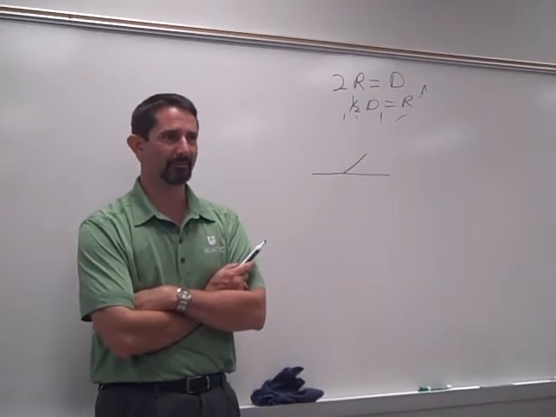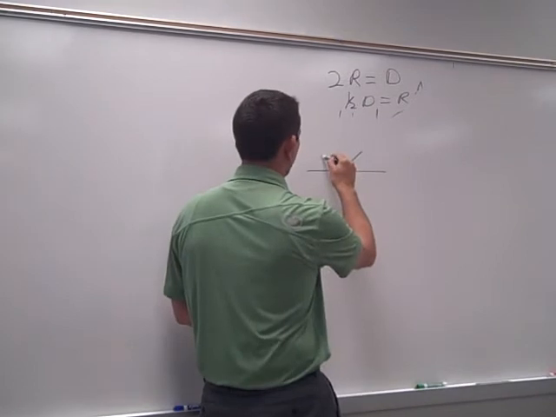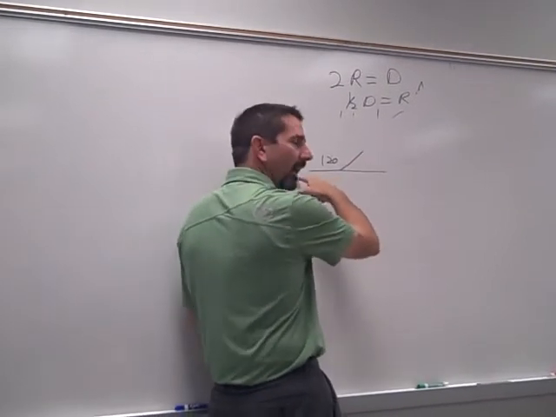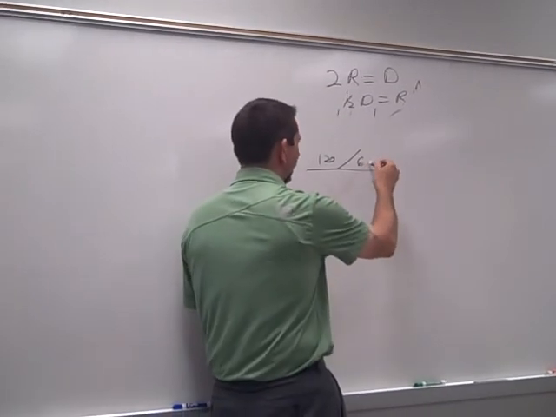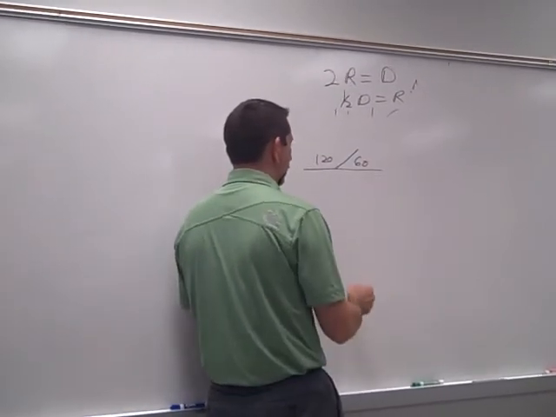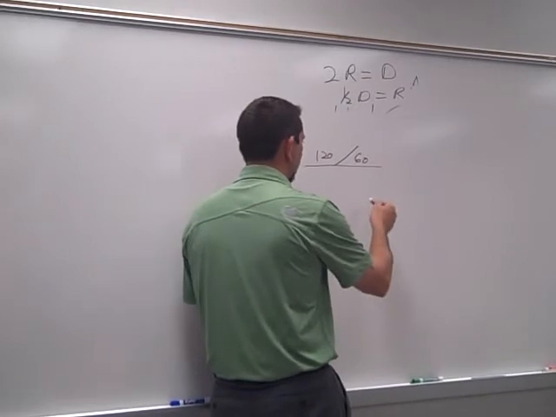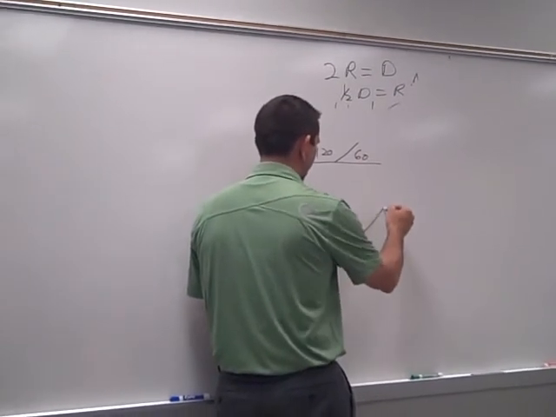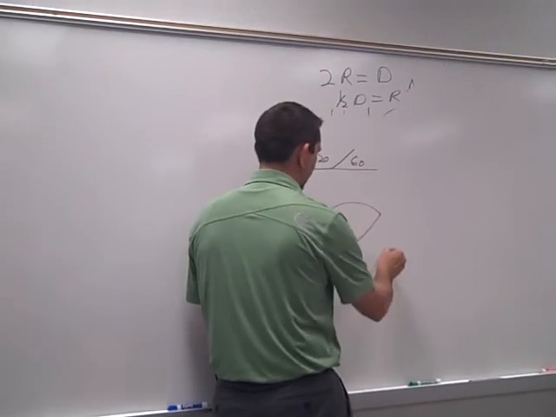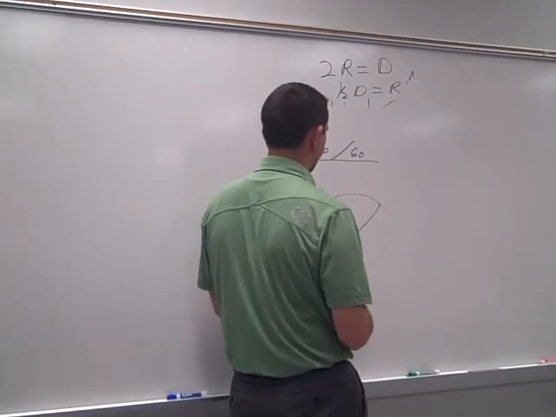Complementary angles. So if this one's 120, and we know that this is 180 degrees, what does this one got to be? 60. Very good. What do we call two angles that make up 360 degrees? Supplementary. Okay. Very good.